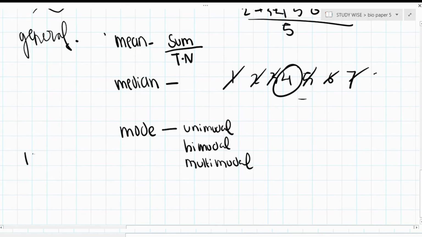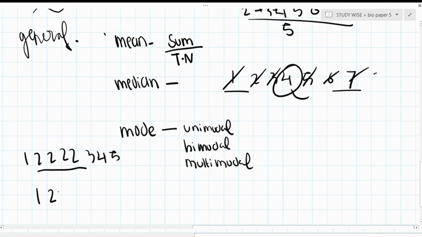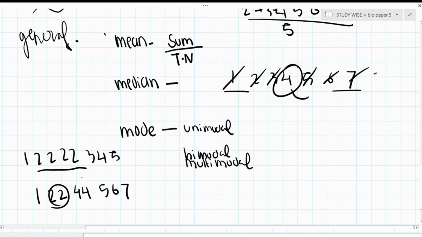For example, 1, 2, 2, 2, 2, 3, 4, 5. So the 2 is the most repeated, right? So it's gonna be unimodal. In case you have 1, 2, 2, 4, 4, 5, 6, 7, the 2's and the 4's are equally repeated, right? And then the 2's and 4's are the most repeated from the sequence of numbers. So this is gonna be a bimodal, and so on.